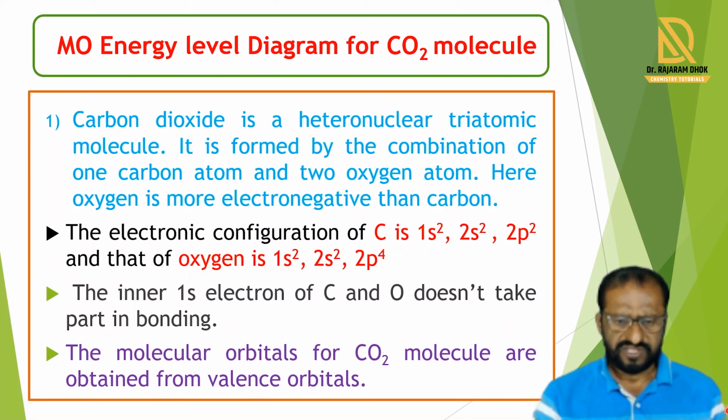This carbon dioxide is a heteronuclear triatomic molecule and it is formed by the combination of one carbon atom and two oxygen atoms. Here, oxygen is more electronegative than carbon. The electronic configuration of carbon is 1s2, 2s2, 2p2 and the electronic configuration of oxygen is 1s2, 2s2 and 2p4.